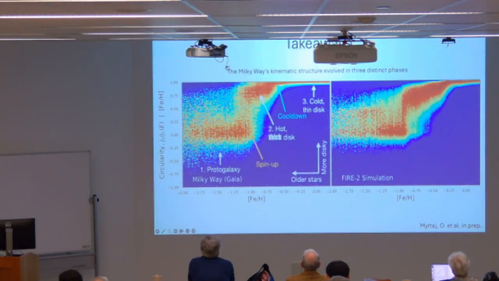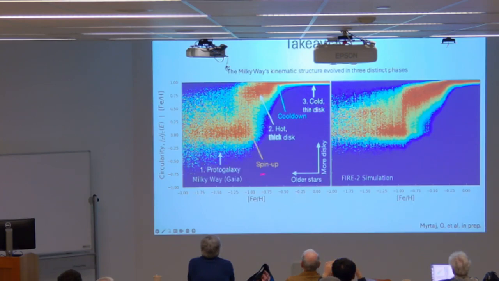And just some takeaways now, since I'm almost at time. The Milky Way's kinematic structure evolved in these three distinct phases, marked by a spheroidal isotropic protogalaxy, which spins up into a kinematically hot thick disk, which cools down into a cold thin disk.